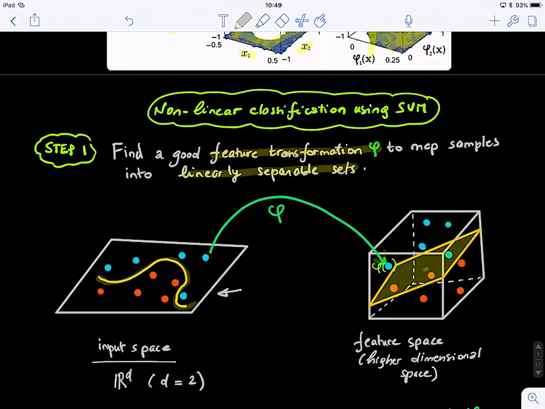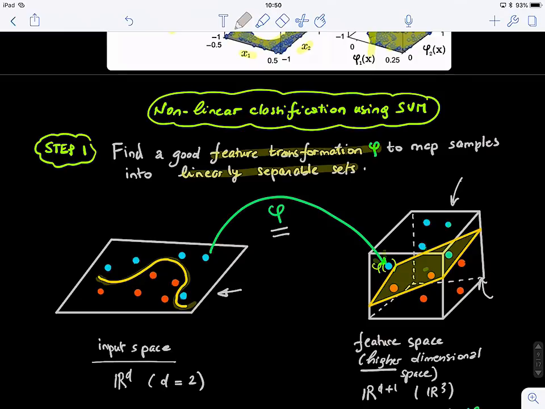But we want to find our mapping function phi in such a way that we're mapping into a higher dimensional space R^(D+1), here R^3, in such a way that all the blue points will lie on top of a hyperplane and the orange ones below the hyperplane. So we're making them separable, but in a higher dimensional space.